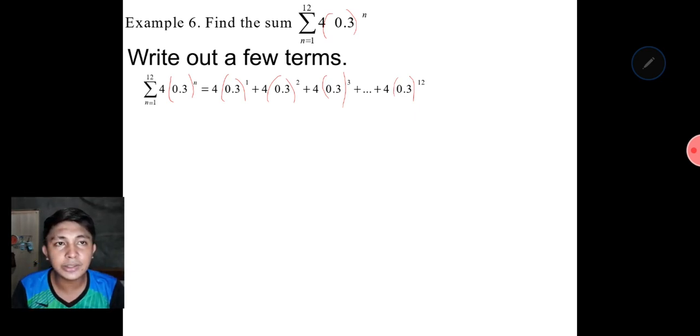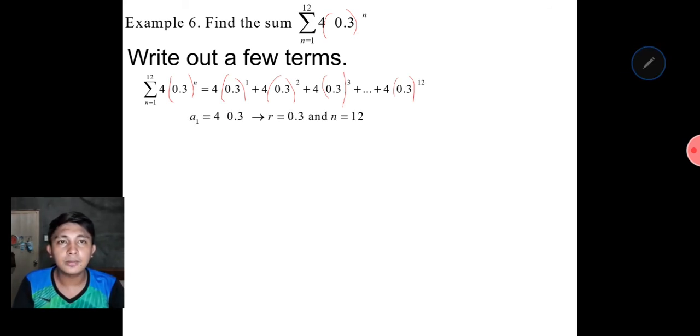So, sinulat na natin up to 12 term. Okay? So, ginawa natin na may ellipsis and we ended sa n is equal to 12. So, our first term is 4 and the ratio is 0.3 and n is equal to 12.